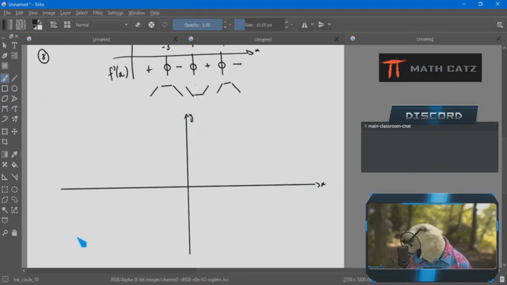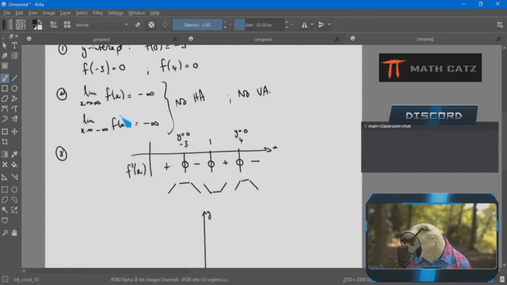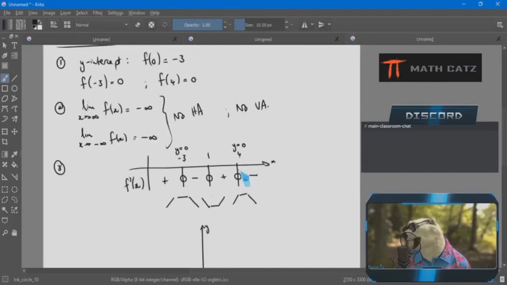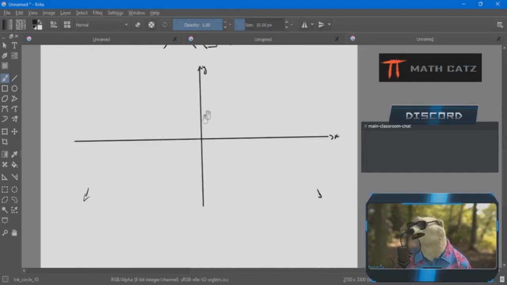Who knows? So I'm going far to the left and far to the right down for both. That came out of step 2. I have a y-intercept at -3. Let's just put it randomly over here. I don't know. We might have to adjust it. If I need more space there, I can move it down.